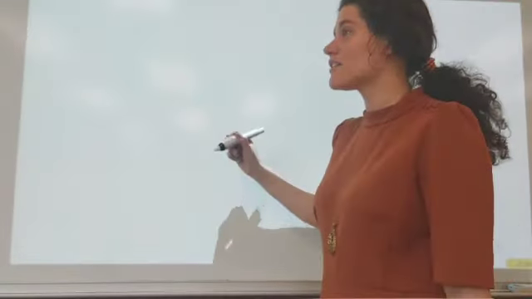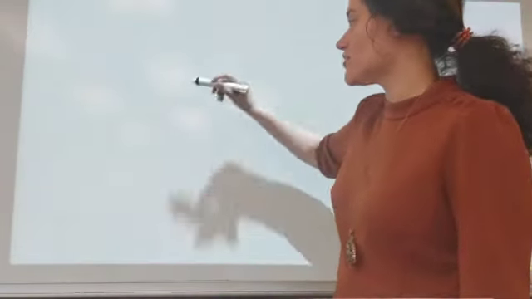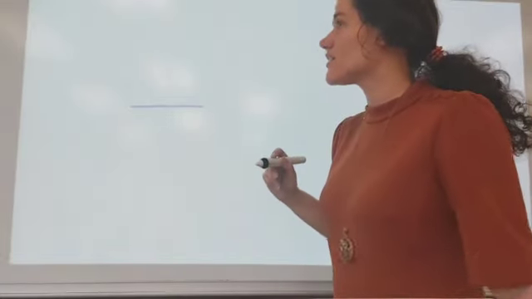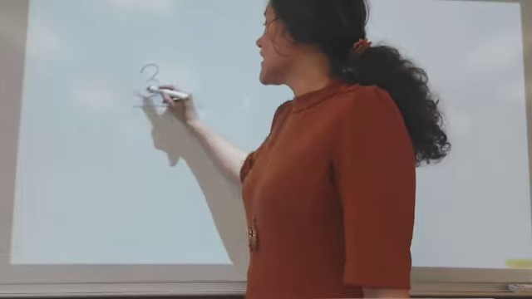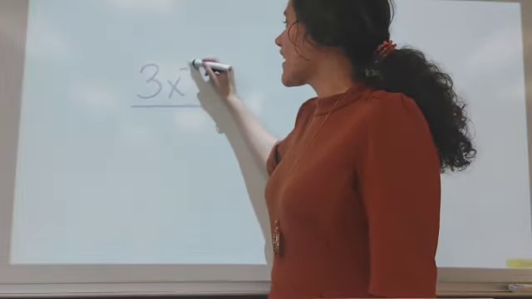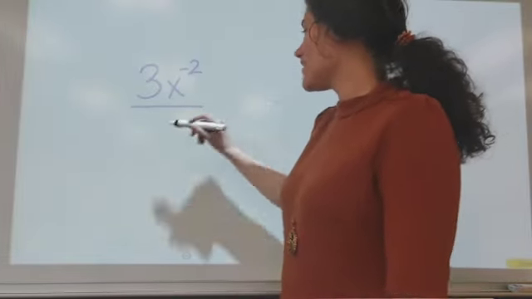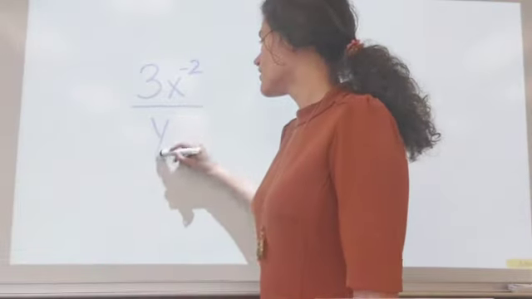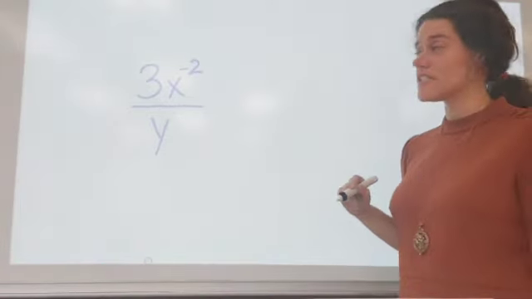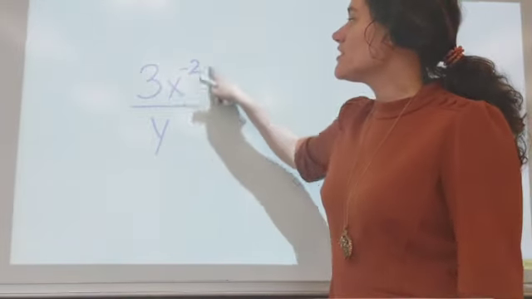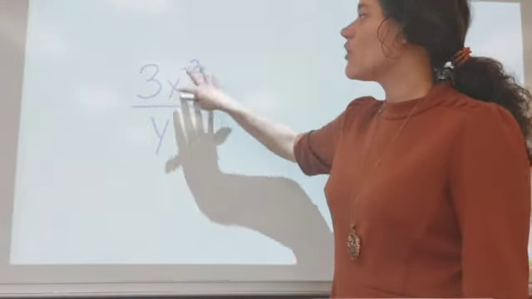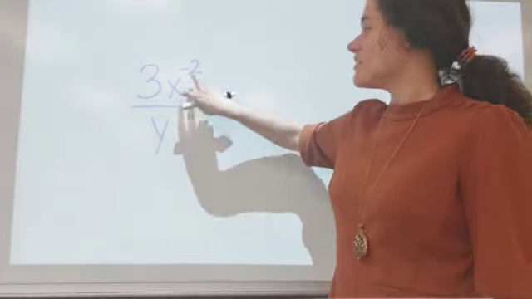All right, so let's combine a couple things into one so that we can see what's going on. Let's say I have 3x to the negative 2 over y. So in this case, this exponent is only touching the x.